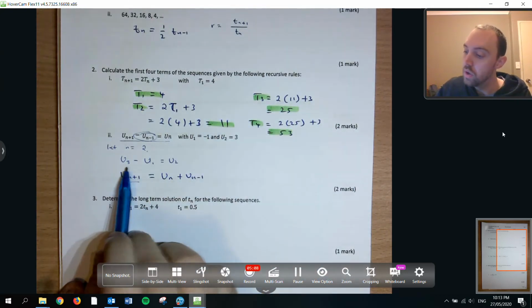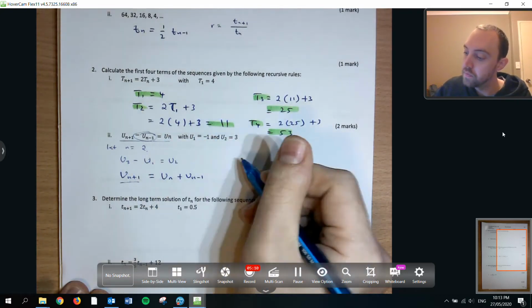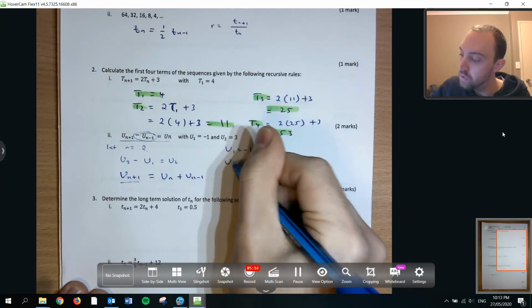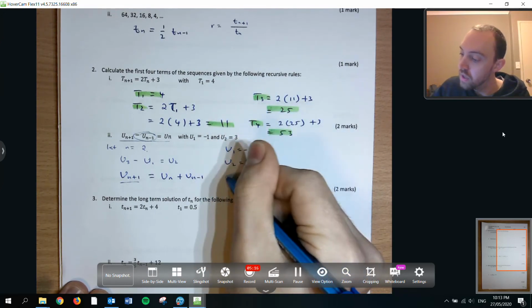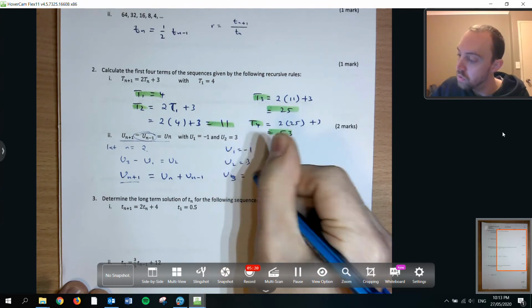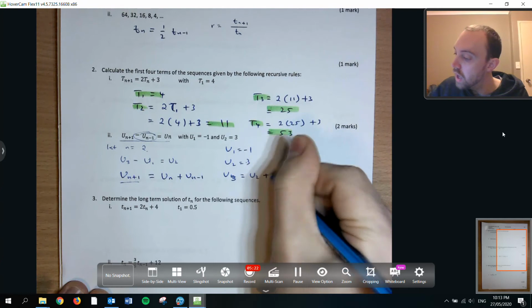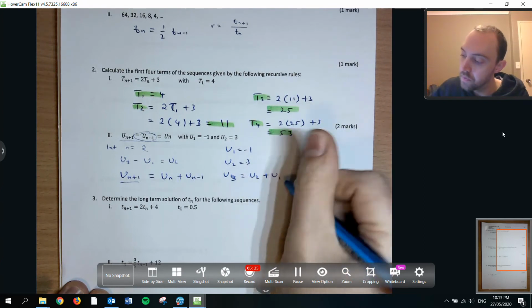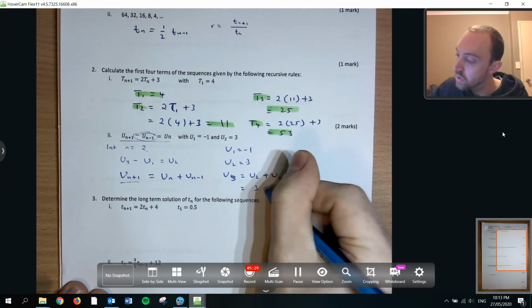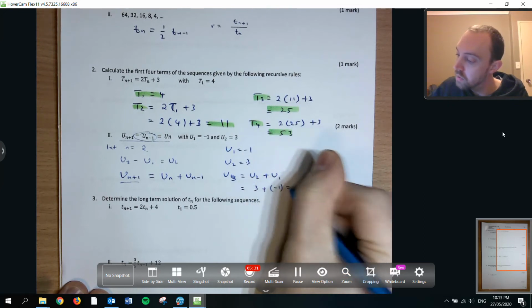So I've got u1 is equal to -1, u2 is equal to 3, u3 is going to be equal to u2 add u1, which is equal to 3 add -1, which is 2.